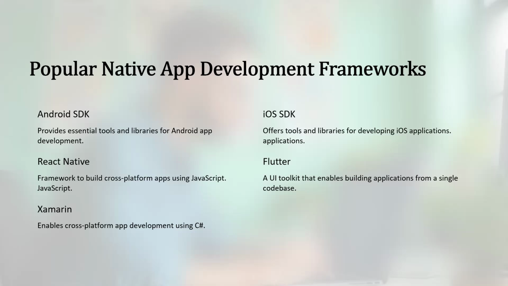Then Xamarin, a Microsoft backed framework that allows cross-platform development in C Sharp, and it provides near native performance with code sharing. So here are some popular native development frameworks: Android SDK for Android, and iOS SDK for iOS.